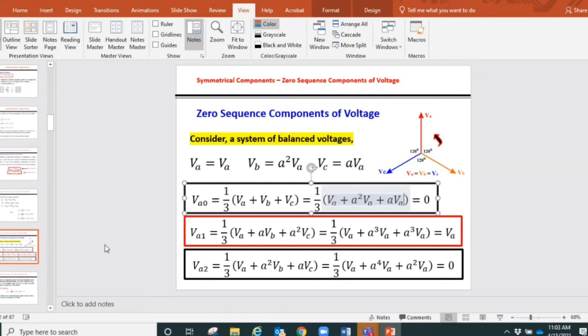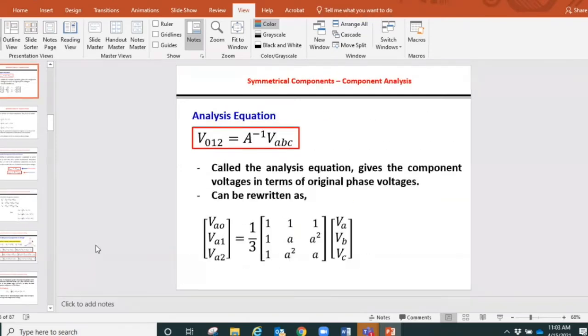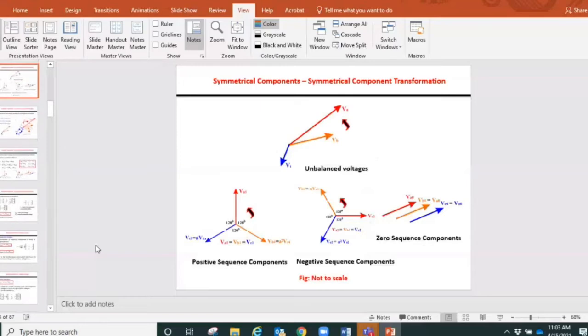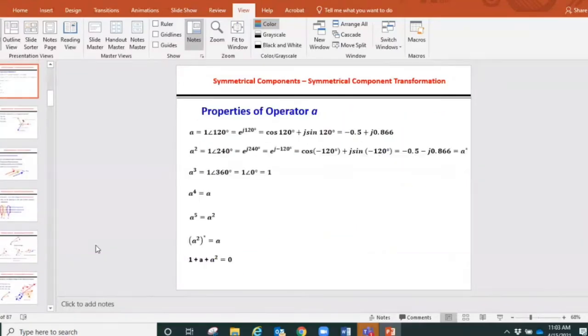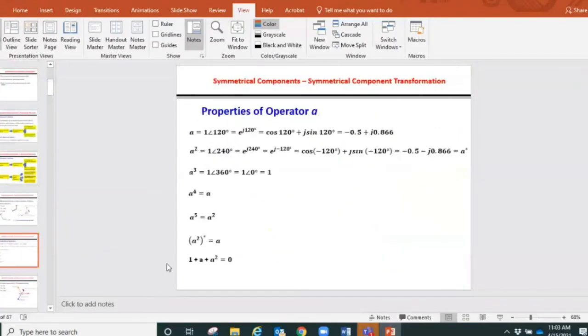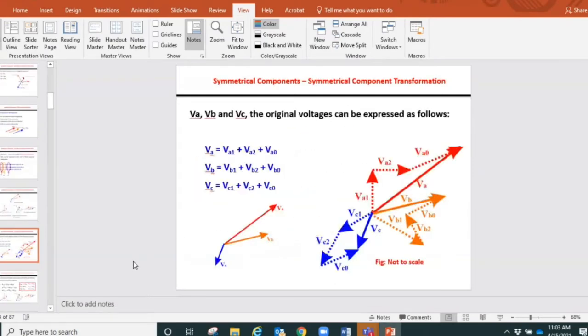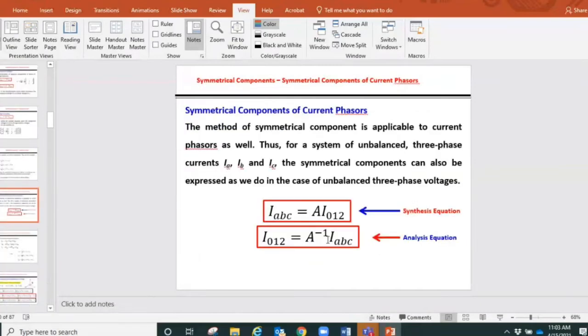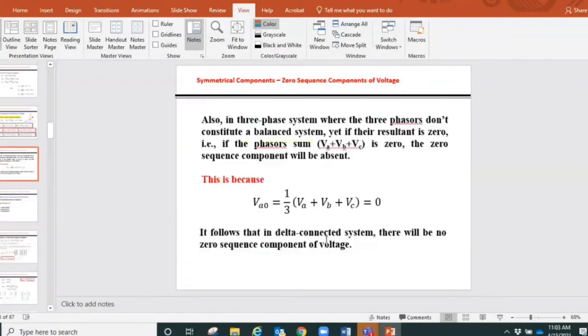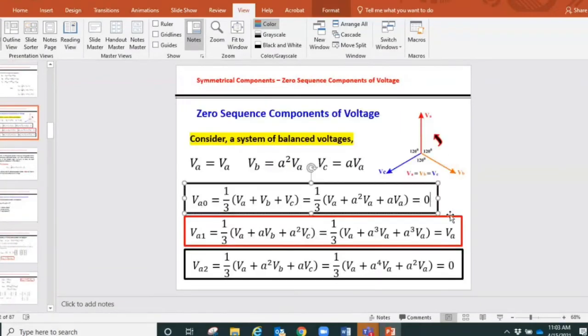And we saw in the properties of the complex number operator, on that slide, that this is equal to 0. This is very useful, as I told you, that 1 plus a plus a squared equals 0 reduces all calculations. So this becomes 0, and VA0 is equal to 0.